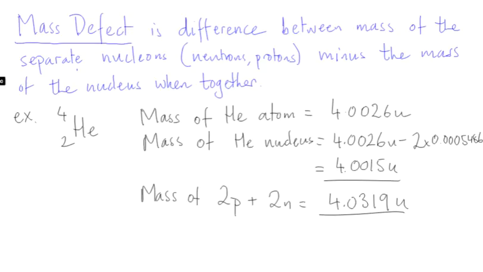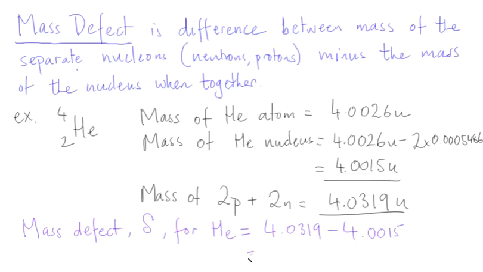So the mass defect for helium, you get different mass defects for different nuclei. Sometimes it's given the symbol delta m, is this thing minus this thing, which is, let's see, 4.0319 minus 4.0015, which is 0.0304 u.